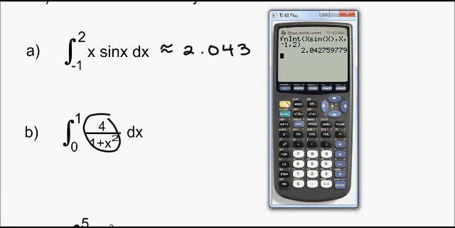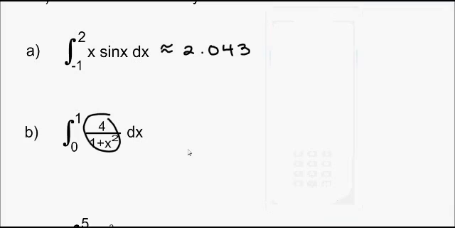So again, math, number 9, and our function is 4 divided by parentheses 1 plus x squared, close parentheses, comma, x, comma, lower bound, which is 0, comma, upper bound, which is 1. And putting that in, we get about 3.142. So rounding to 3 decimal places, 3.142.